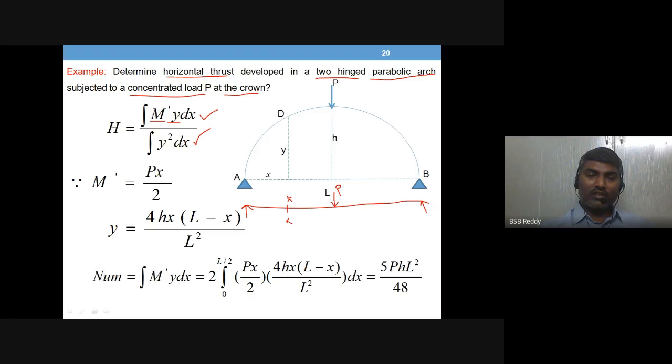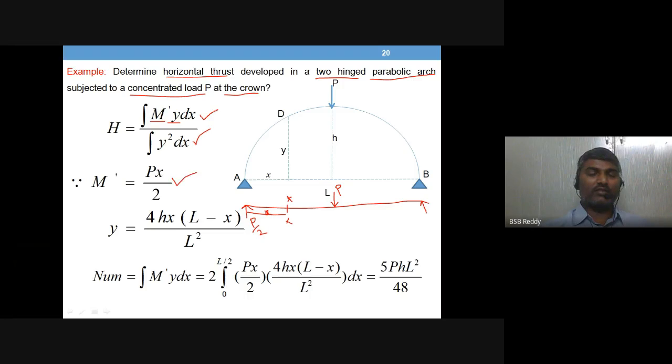So sum of all moments to the left of this section. What you have is only the reaction at A. Reaction at A is P by 2, as P is acting at the midpoint of the span. So the reaction will be half of the load. So P by 2 into x is your moment to the left of the section.